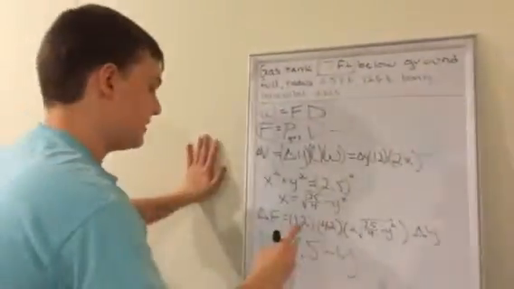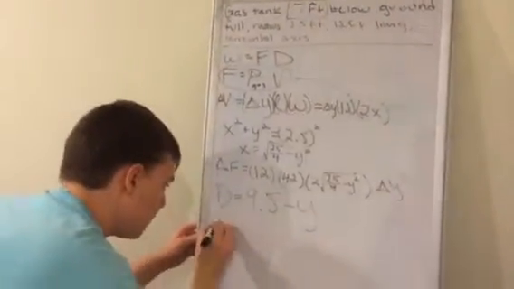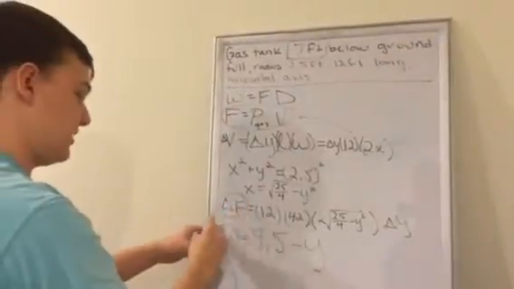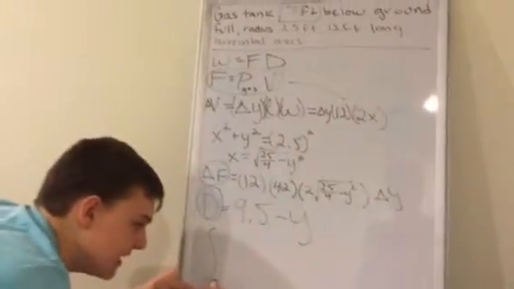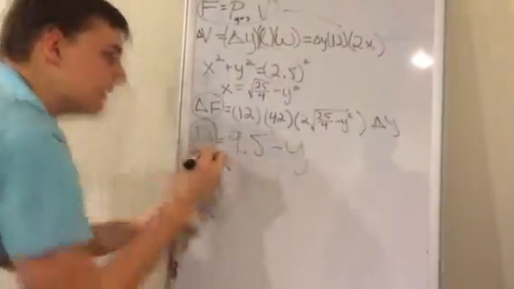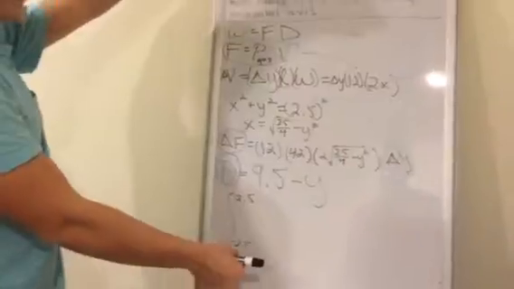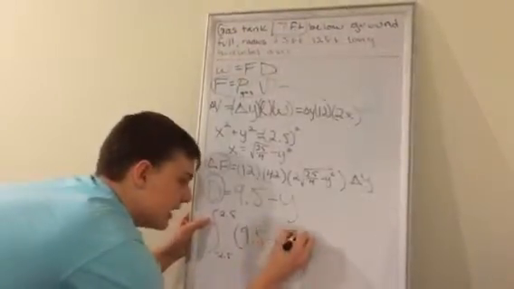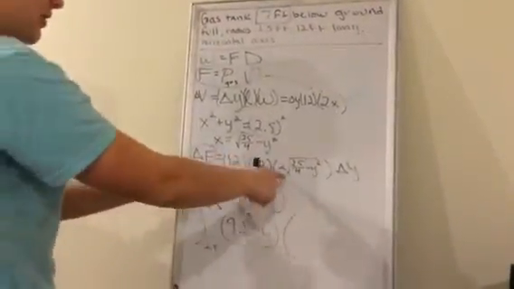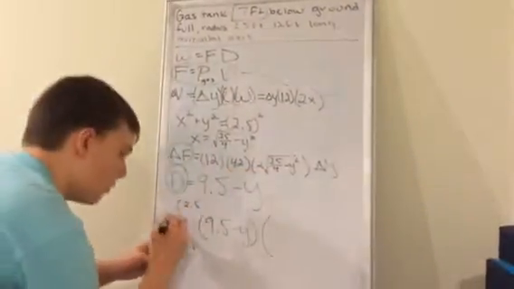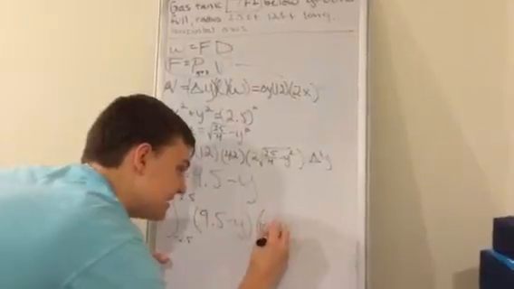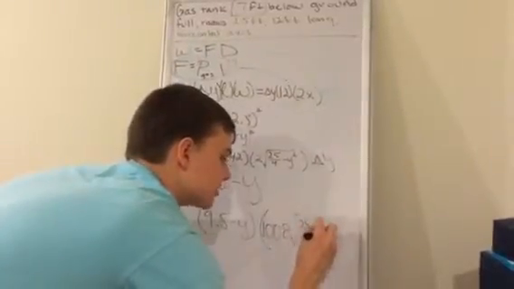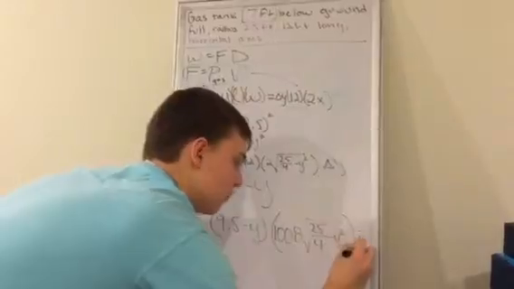So after finding that, we can take the integral of the incremental force times the distance with the limits negative 2.5 feet to 2.5 feet, because those are the points concerning the origin, times our distance, which is 9.5 minus y, and our force, which, multiplying this out, will equal 1008 times the square root of 25 over 4 minus y squared, the whole thing dy.